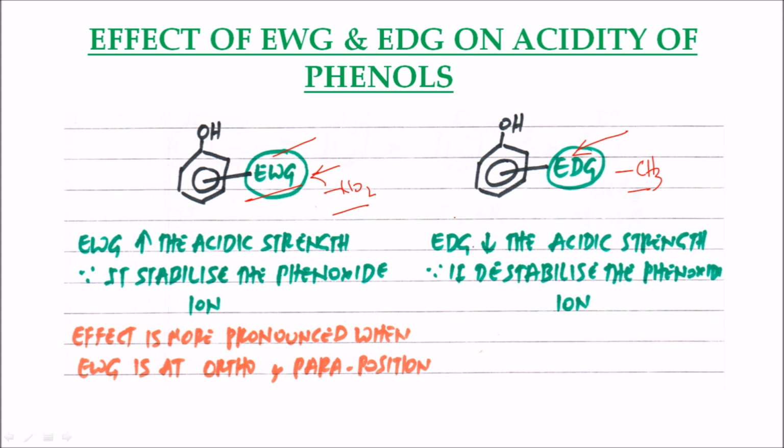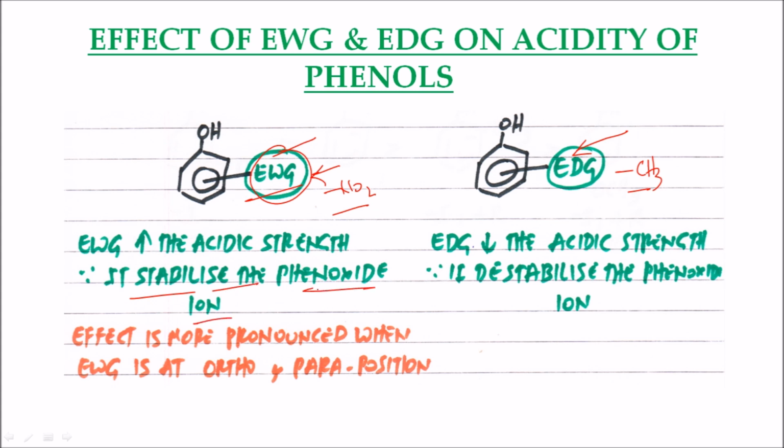If we are having electron withdrawing group present, what does it do now? Electron withdrawing group will take electron from the phenoxide ion, and if it takes electron from the phenoxide ion, it is actually making that more stable. So electron withdrawing group will stabilize the phenoxide ion.